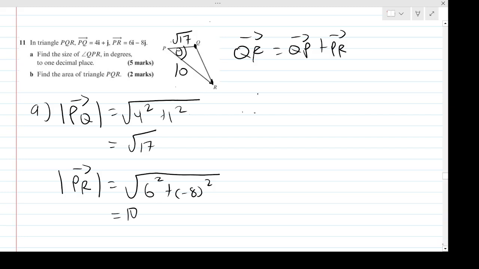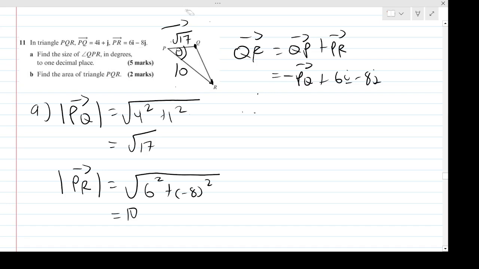P to Q is 4i and j, but I want Q to P, so it's going to be the negative. I want to go the other way, so it's the negative of PQ, add P to R, which I'm given. P to R is 6i minus 8j.